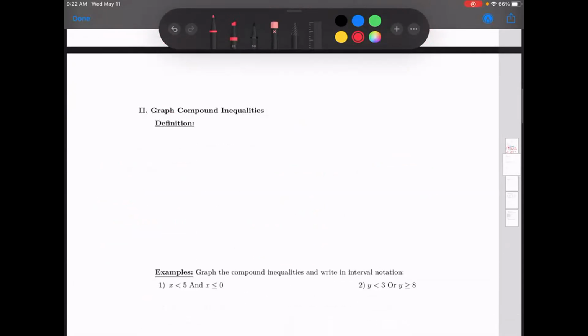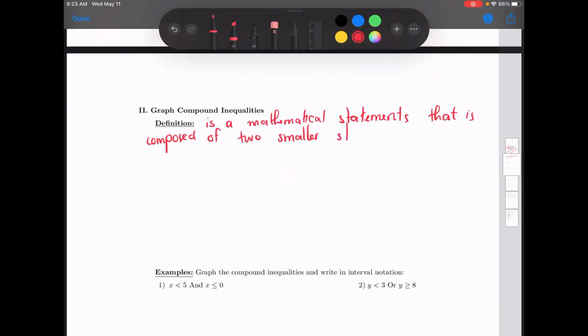So definition: a compound inequality is a mathematical statement, how do I say it, a mathematical statement that is composed of 2 smaller statements, 2 little mini statements.